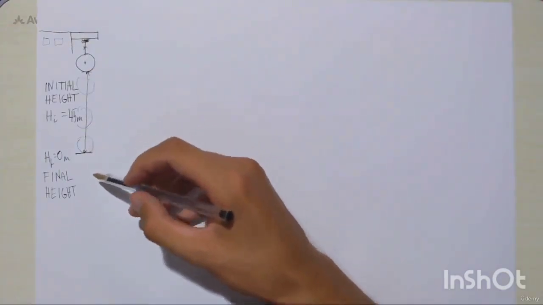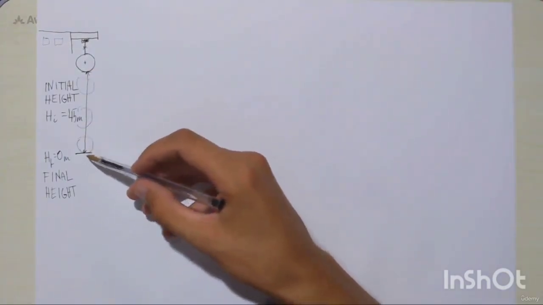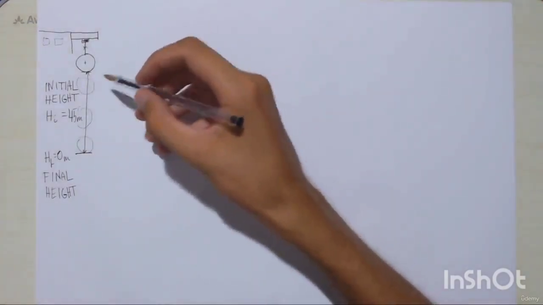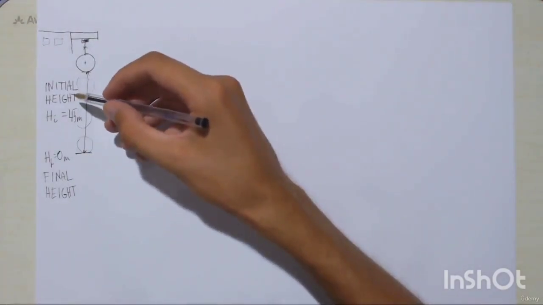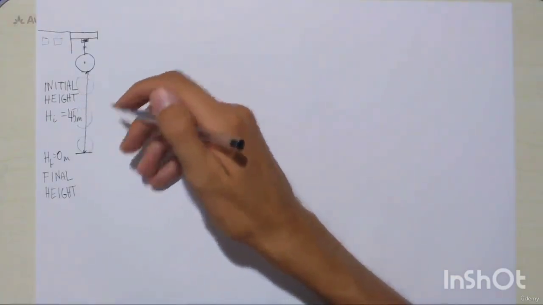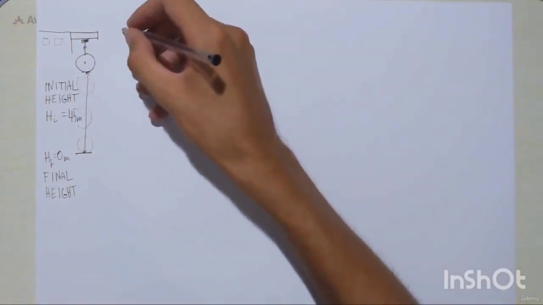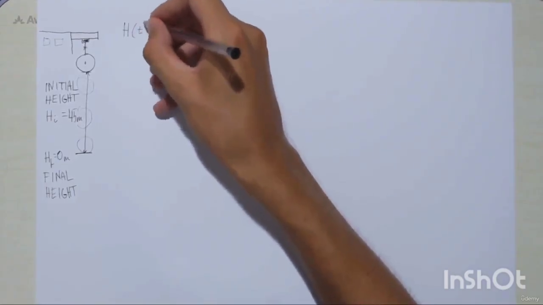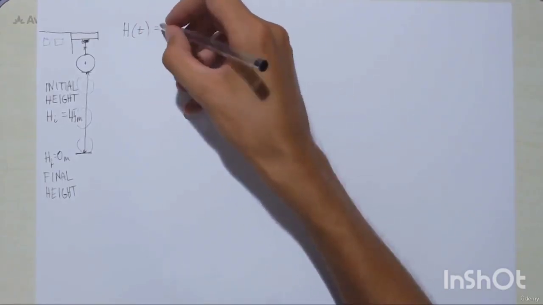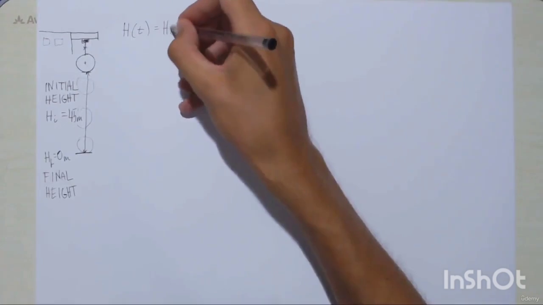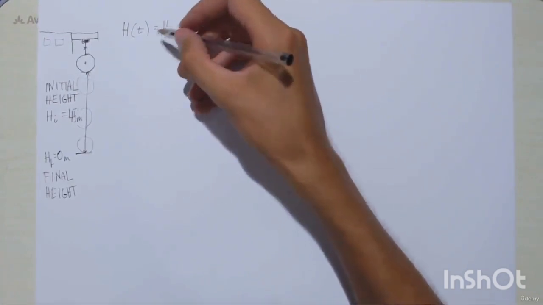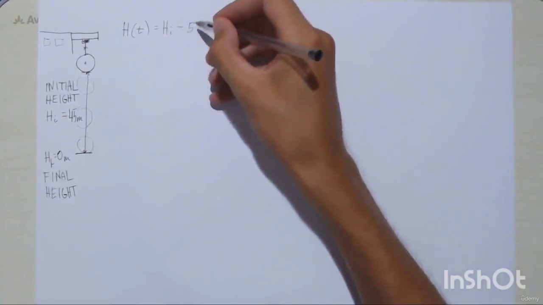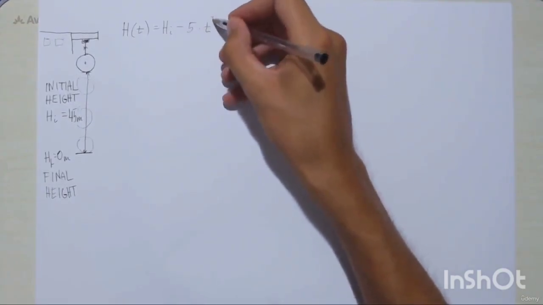And the final height of the sphere is when it reaches the ground. What would be the relationship of the height with respect to time? The function would be the height as a function of time equals the initial height, which is a constant, which is 45 meters, minus 5 times t squared.